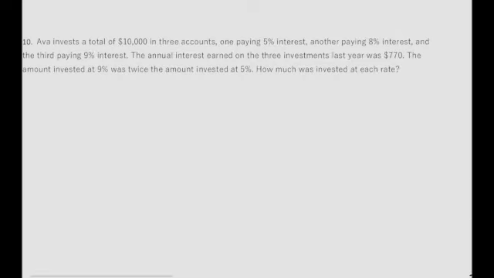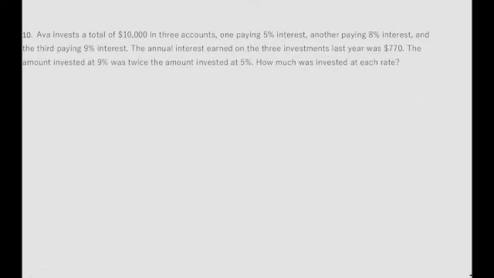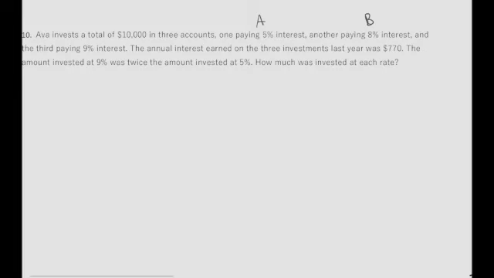All right, this one looks like there are 3 accounts. Very similar process. I'll help you set it up and then you go from there. The total in 3 accounts is $10,000. One is paying 5%, one is paying 8%, and a third one is paying 9%. The annual interest earned is $770.